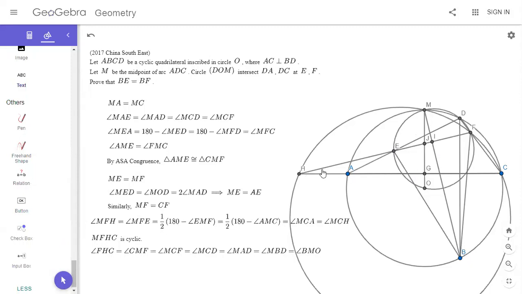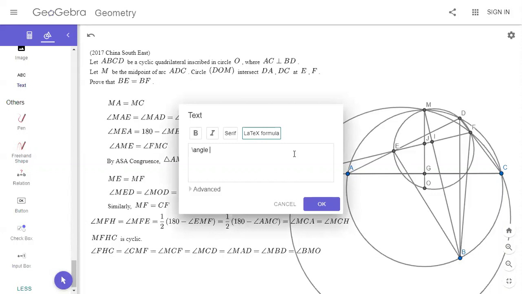You could say angle HJC is 90 minus FHC, and HJC is MJI. So I'll write it out like this.